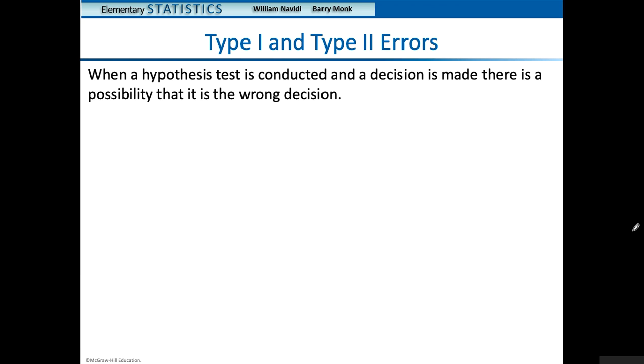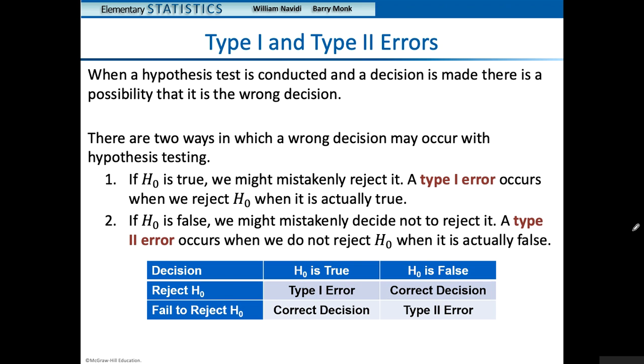And there's actually two types of errors, which we call a type 1 error and a type 2 error. And this chart illustrates how this breaks down. The two ways of making an error. The first way of making an error would be if the null hypothesis is true, but we mistakenly reject it, right?